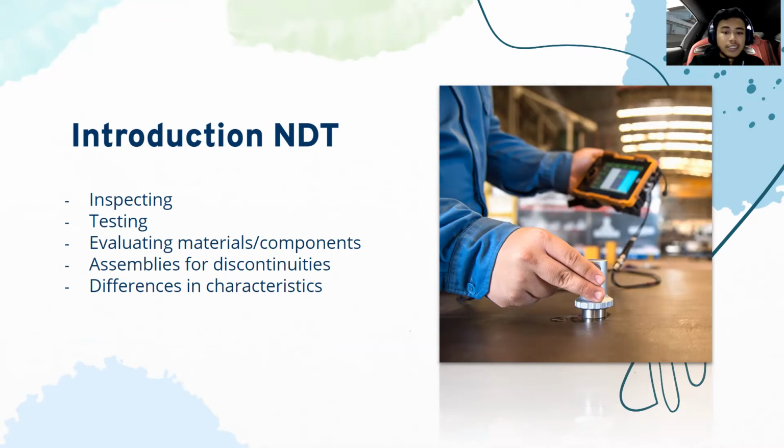Nowadays, non-destructive testing is always used in manufacturing, fabrication, and in-service inspection to ensure product integrity and reliability. It is used to control manufacturing processes, lower production costs, and maintain a uniform quality level.